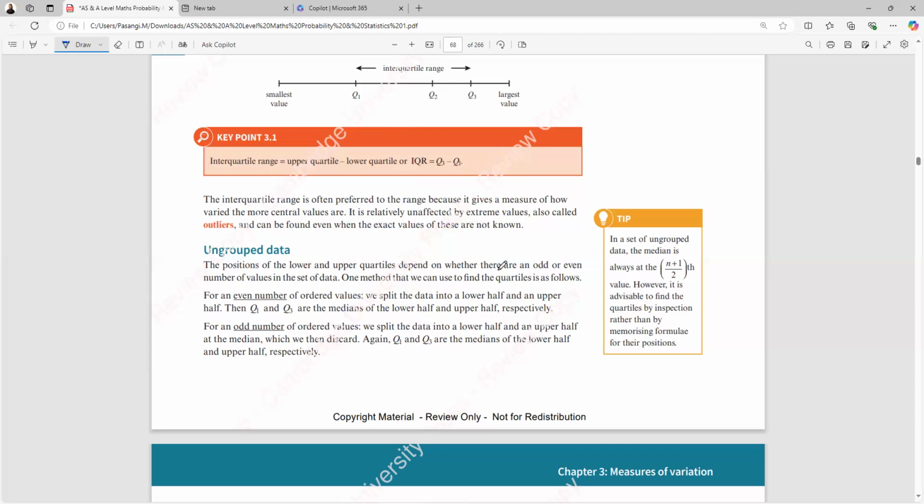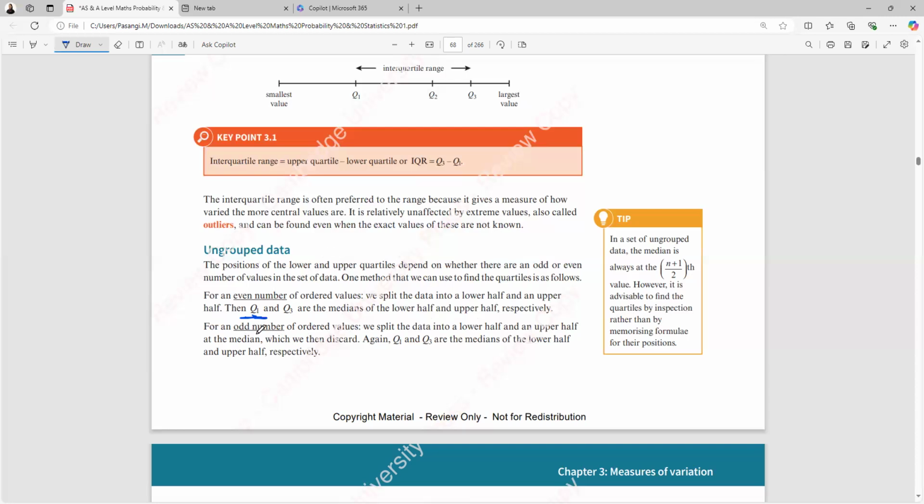And then Q1 is the middle point, or the median, of the lower half, and Q3 is the median of the upper half. So the median of the lower half and the upper half respectively. That is only if we have an even number of values, because we can divide the entire data set into two separate halves.